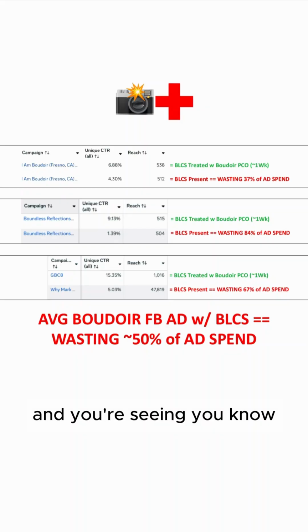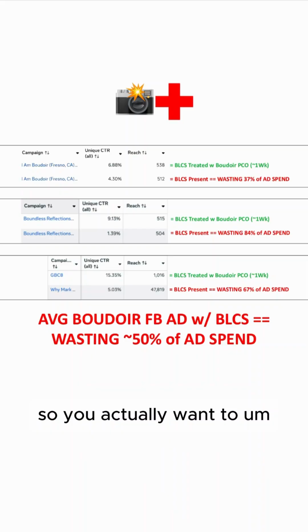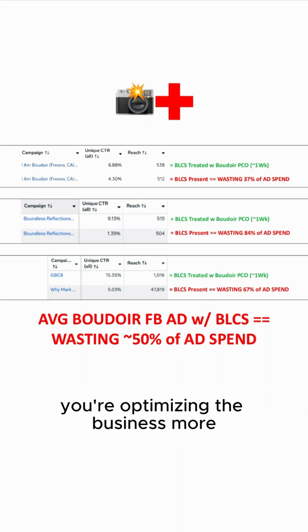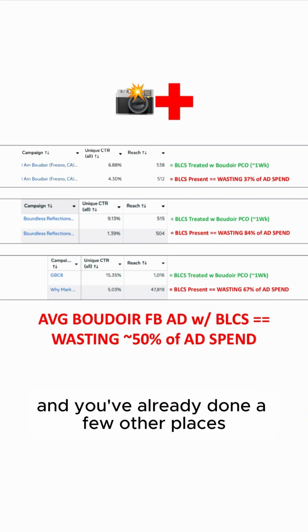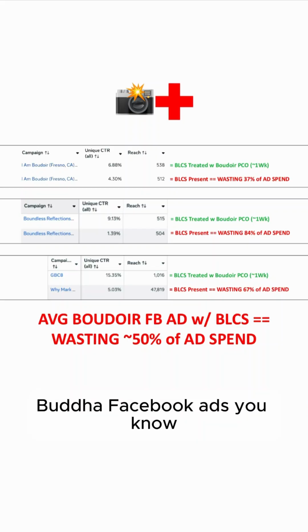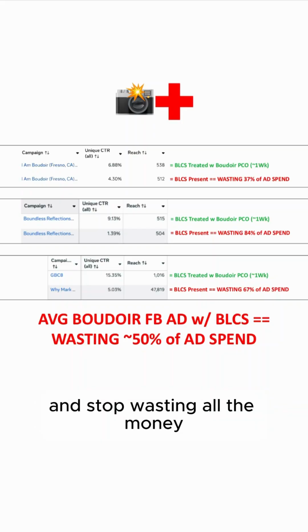And you're seeing inflation still hitting everyone hard in the country. So you're optimizing the business more to pull more profit out of it for the same effort. You've already done it in a few other places, but now you really want to do it for boudoir Facebook ads, really plug the leaks, be as efficient as possible, and stop wasting all the money.